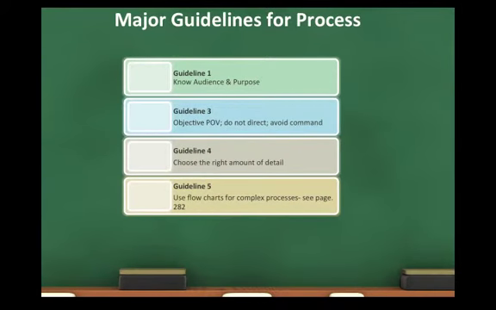Okay, some guidelines for process that I think are important. I'm skipping some of the ones that the book includes, and I'm just going to focus on the ones that I think are important for our class. Guideline number 1: again, we're back to know your audience and your purpose. You have to know who you're crafting this process for. You have to know what their needs are, what they don't need, and you have to determine what your purpose is, why you are crafting this particular process.